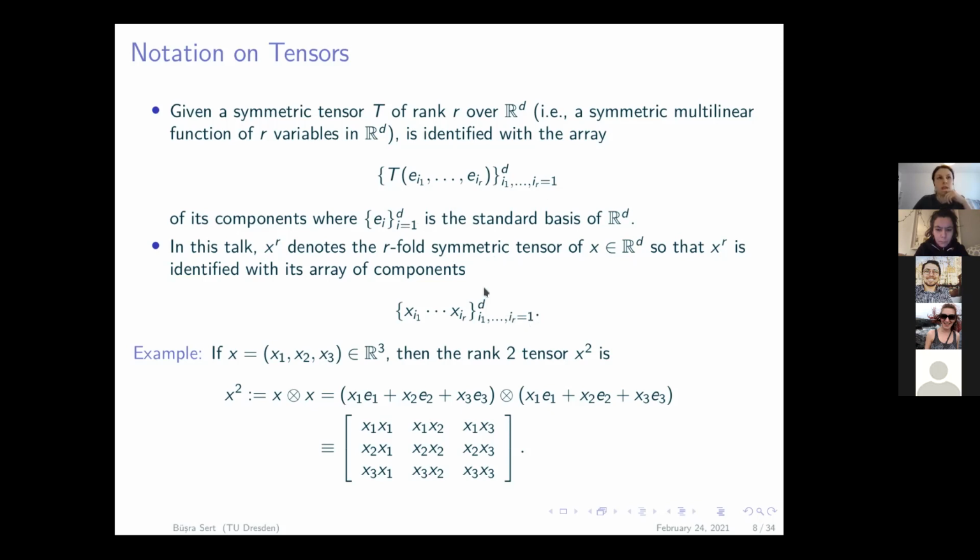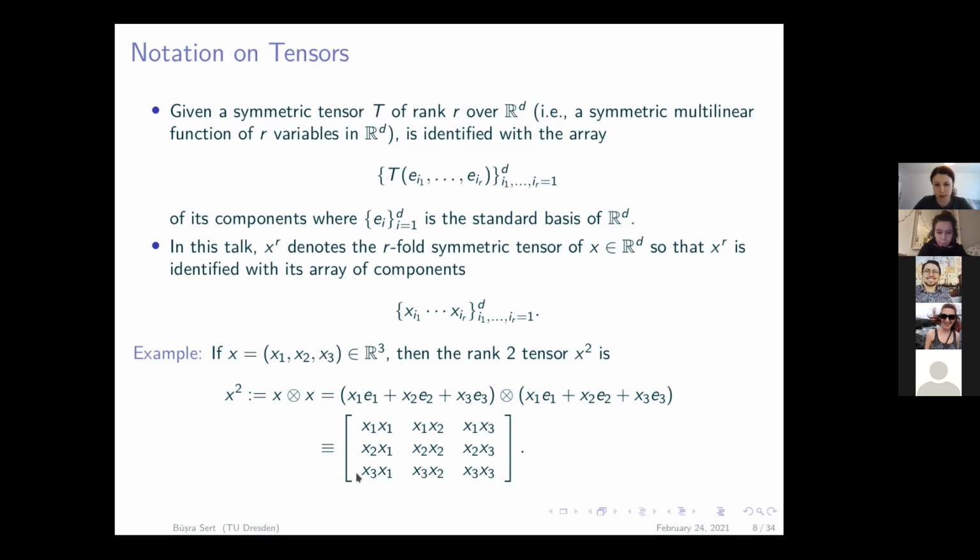In the literature for Minkowski tensors, and also during this talk, when we say rank, we will mean this exponent of the tensor. So it's not the classical definition of rank we usually see. For example, if we have x in R^3, then the rank 2 tensor x^2 will be the tensor product of x with itself.